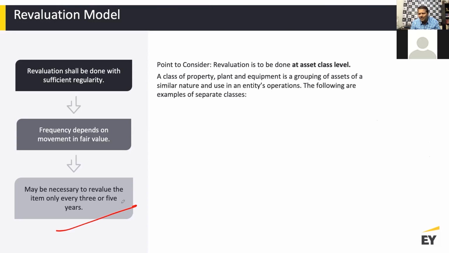And ordinarily, we see that the increase in fair value is only on account of land, or building in some scenarios, but otherwise for all depreciable assets it is rare to see an upward increase in the value of other, let's say, plant and machinery, furniture, fixtures, or vehicles, or computer assets or equipments or things like that. We normally see that there is a downward pressure on the fair value of those assets.